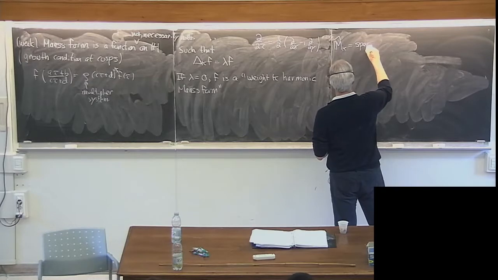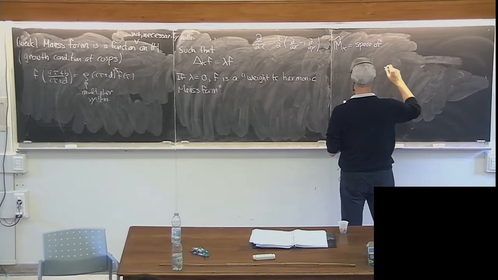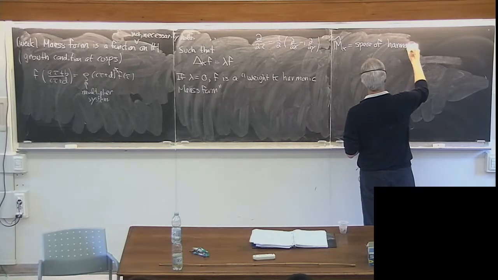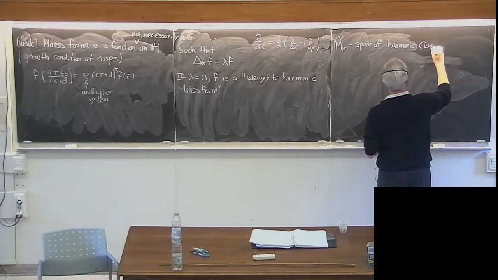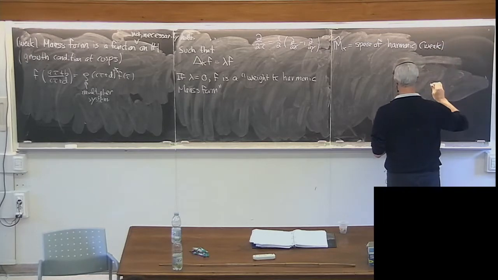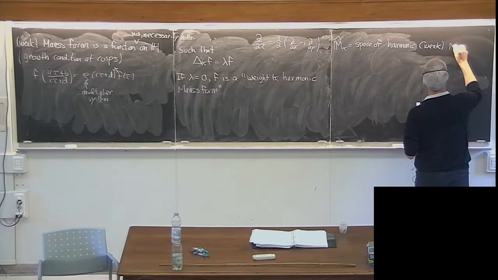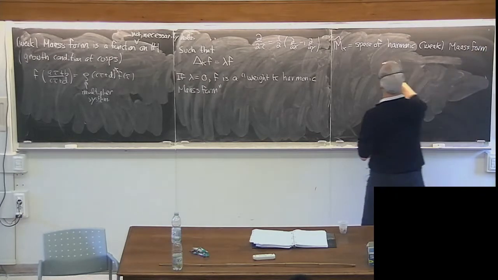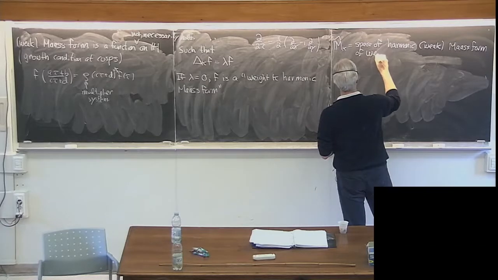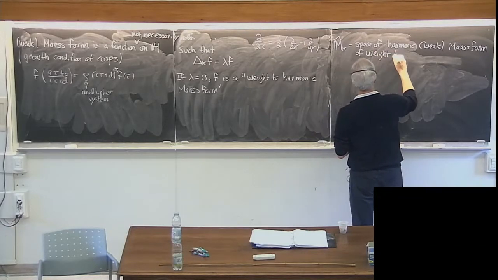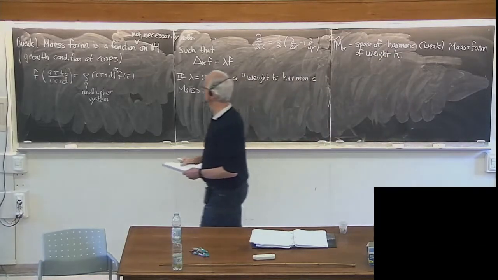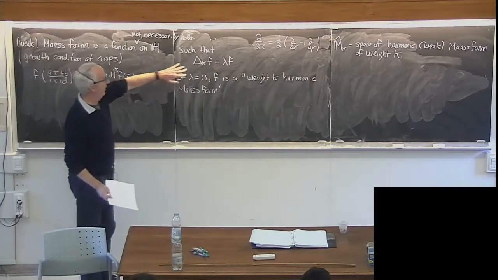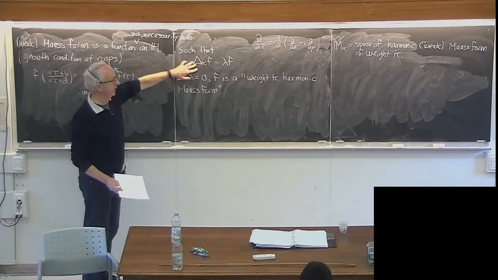This is the space of harmonic weak mass forms of weight k, with a technical condition about growth at cusps. So this is the space of objects that I just defined over here. They transform like this under modular transformations, and they're eigenfunctions of this weight k Laplacian with eigenvalue 0.